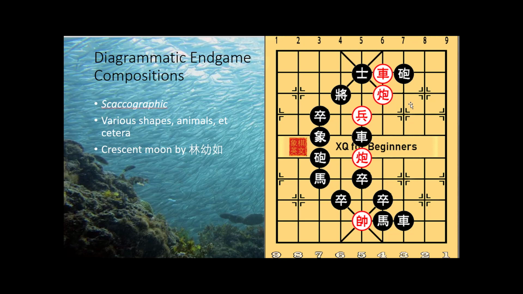But again, I don't know where that endgame composition is now. It's somewhere in my computer, but I spent the last 30 minutes trying to look for it, and unfortunately I still can't locate it.